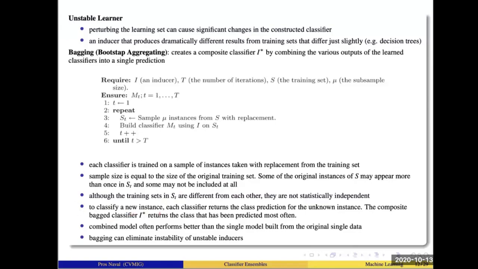Also, to classify a new instance, each classifier returns the class prediction for the unknown instance. This way, the composite bagging classifier I star returns the class that has been predicted most often. Now, the combined model often performs better than the single model built from the original single data. So bagging can actually eliminate the instability of unstable inducers.